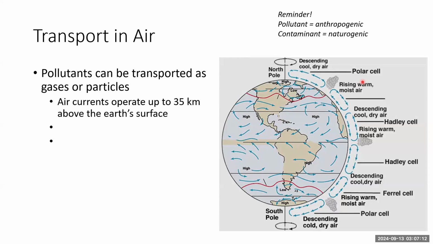Depending on where you are on the earth, we can do a little bit of predicting about how those chemicals are going to move, where they're going to go, how they're going to be distributed. We have all of these really well-known models for how air moves in our atmosphere at different points on the globe.